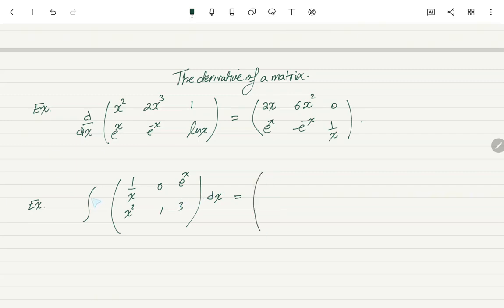So the integral of 1 over x dx is ln x plus c1, and the integral of 0 dx is equal to c2, and the third one is e to x plus c3, and remember c1, c2, c3 are constants. This one will be x cubed over 3 plus c4, and x plus c5, and this one here 3x plus c6.